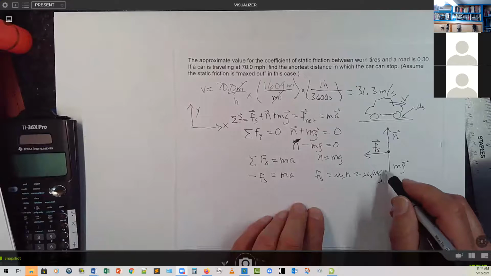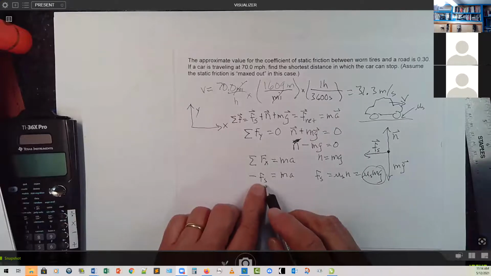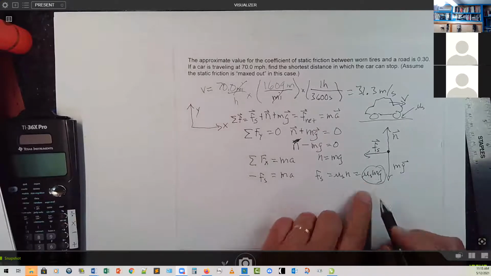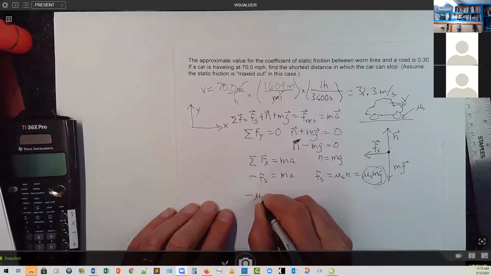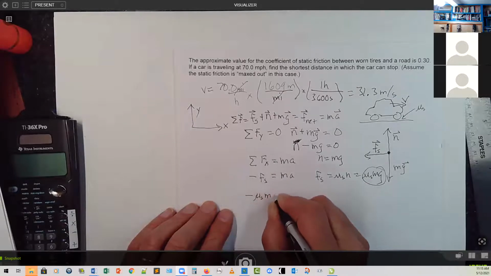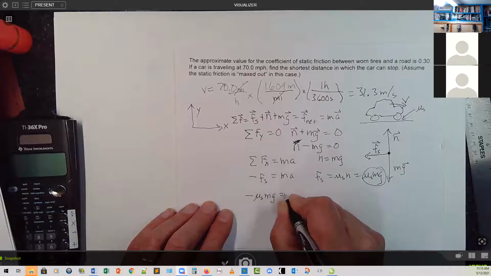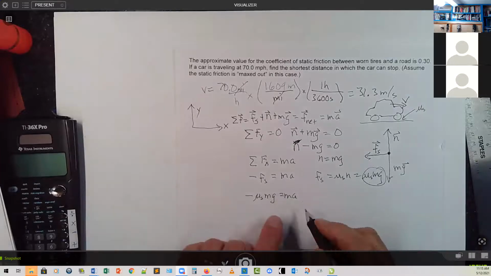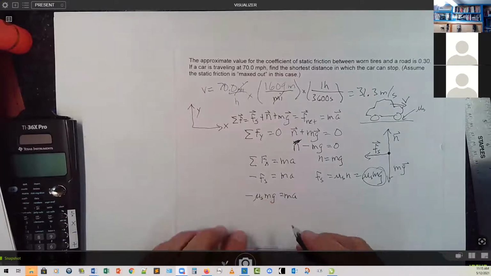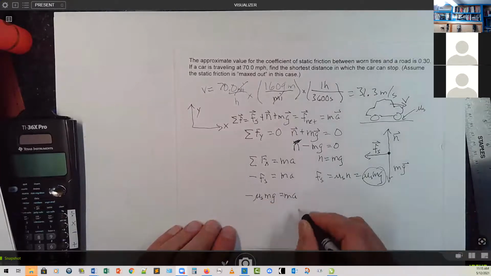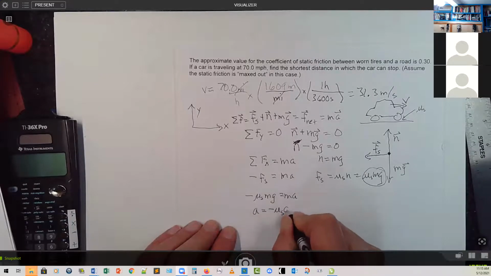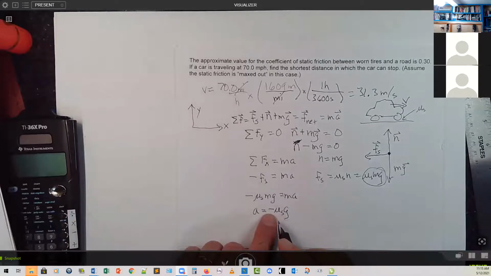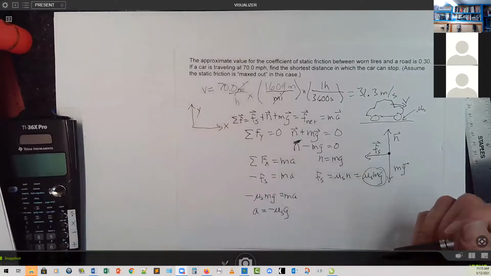So I can replace the F sub s here with mu sub s mg, and I get minus mu sub s mg is equal to ma. I've got m's on both sides, and I can divide those out, and I'll get that the acceleration is minus mu sub s g. The minus sign tells me that it's opposite the positive x direction.